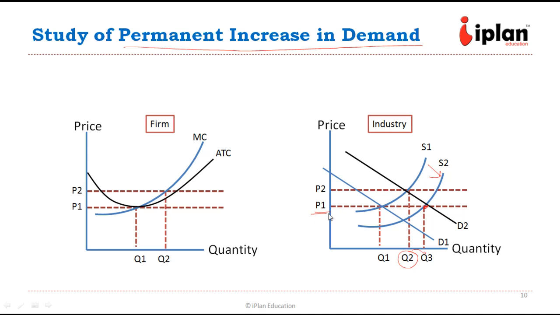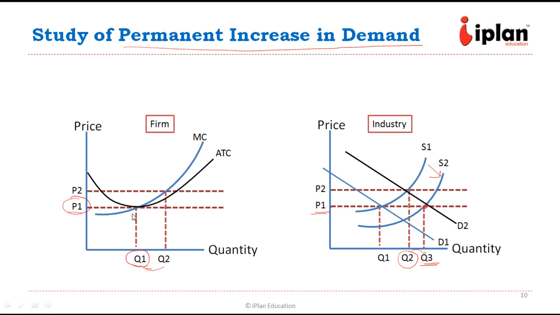Now we know the quantity is more since there are more companies. They are producing at the same price as earlier. But the individual quantity produced by a single firm will again come down to Q1. And the price as we know is going to be P1.